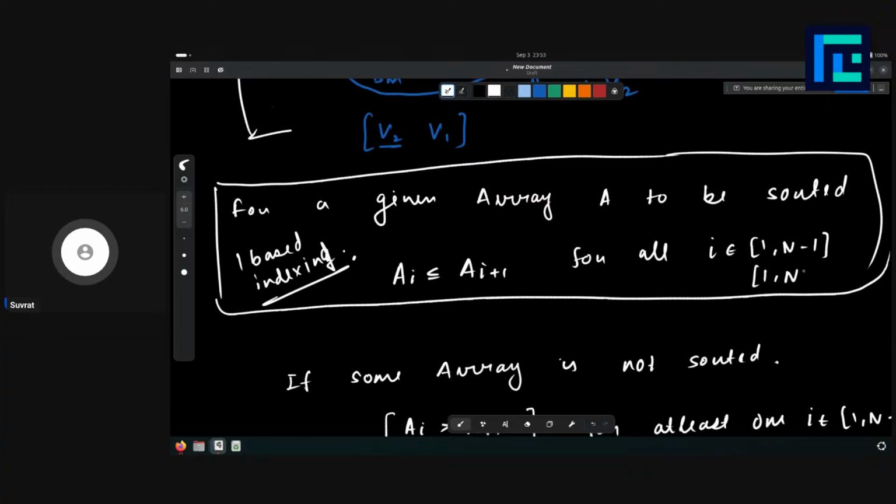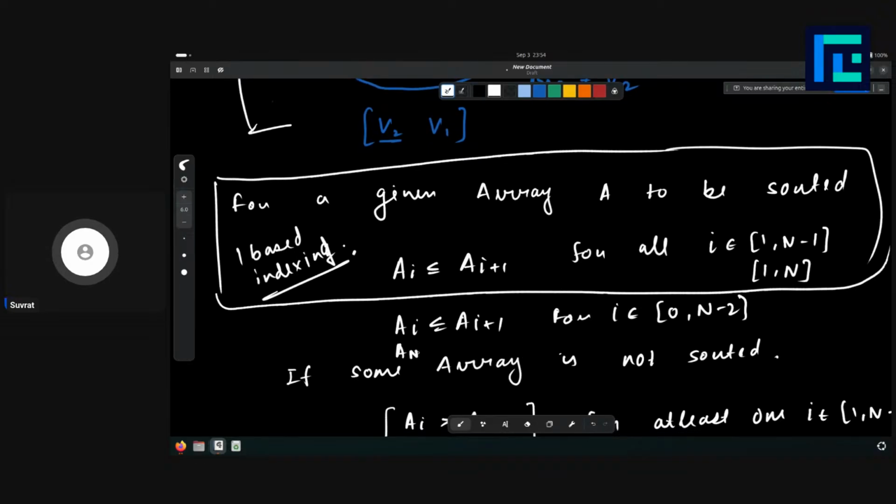I cannot do from 1 to n, because if I put i equal to n, then it would be an is less than or equal to an plus 1, and an plus 1 does not exist. So when we write this condition for 0 based indexing, it will look like this: ai less than or equal to ai plus 1 for i belongs to 0 to n minus 2. We cannot take n minus 1, because then an minus 1 would be less than or equal to an, and an does not exist in a 0 based index array. So this would be for 1 based, 0 based.